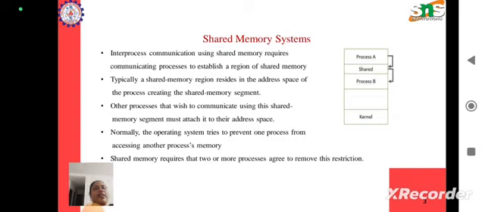Normally the operating system tries to prevent one process from accessing another process's memory. So normally the operating system does not allow one process to access the memory of another process. In normal conditions, process A cannot access the memory of process B, and process B also is not allowed to access the memory region of process A. That is not allowed by default in the operating system.